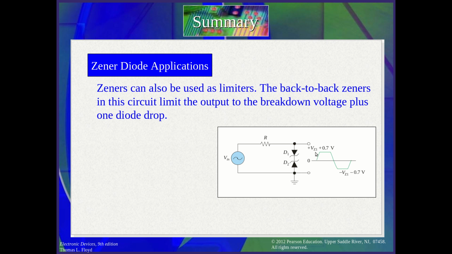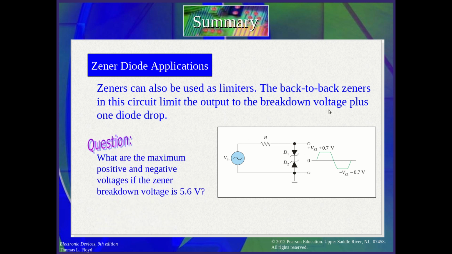We can limit the voltage that comes across the output at some level. Here it limits the voltage to the breakdown voltage plus one diode drop, because the two diodes are facing opposite sides. So you take Vin in the positive plus Vz1 plus Vz2.